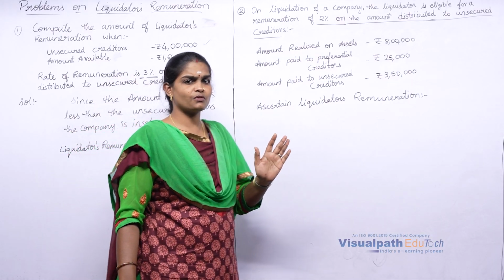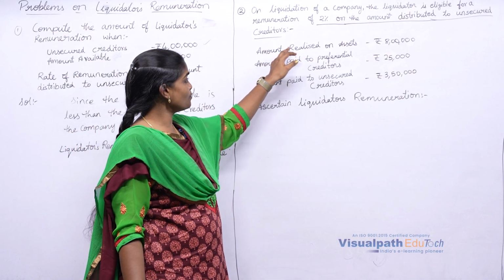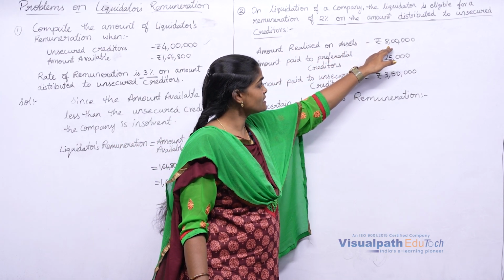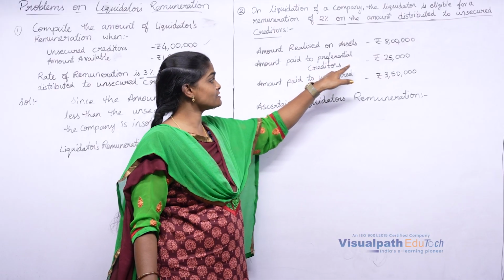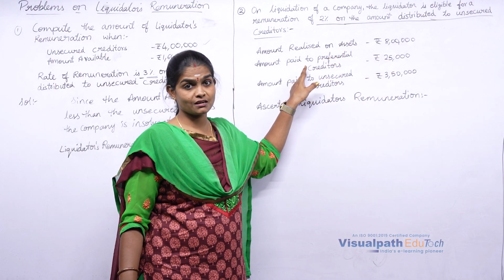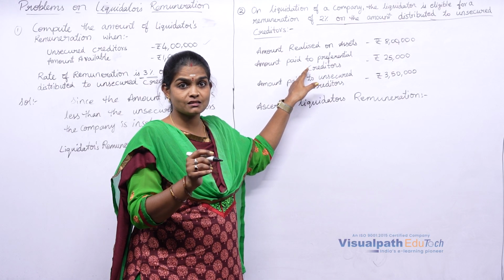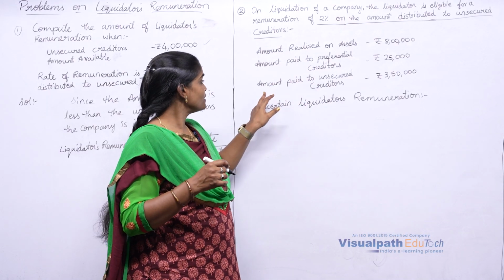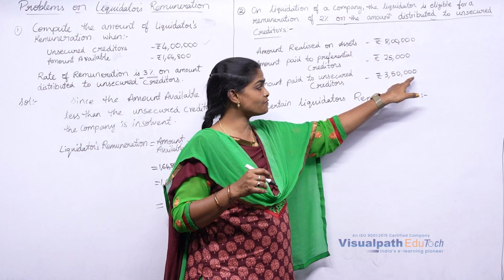Now the first step is to check whether the company is solvent or insolvent. Here the amount realized on assets is 8 lakhs. The amount paid to preferential creditors is 25,000. Who are preferential creditors? They are the creditors who have a preferential right to be paid first. The amount paid to unsecured creditors is 3,50,000.